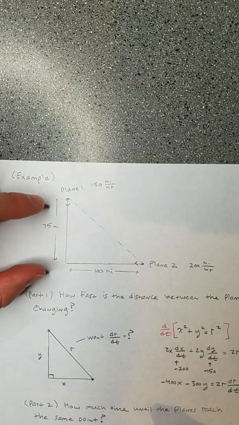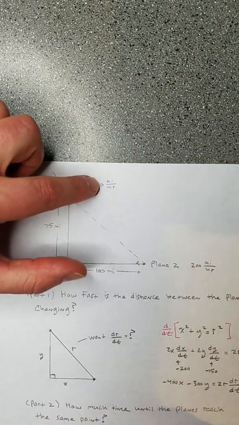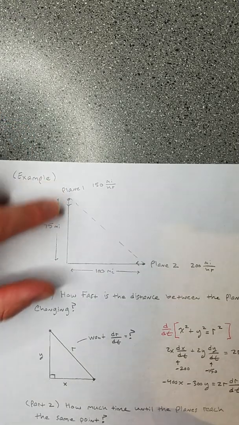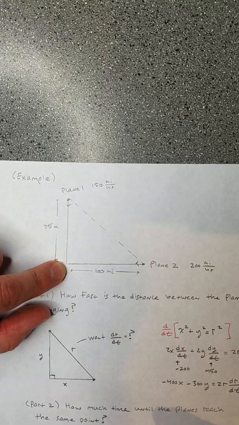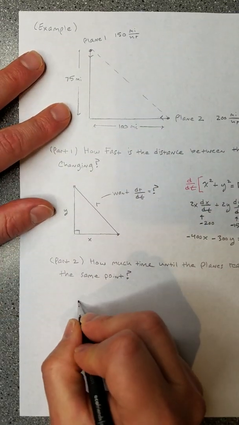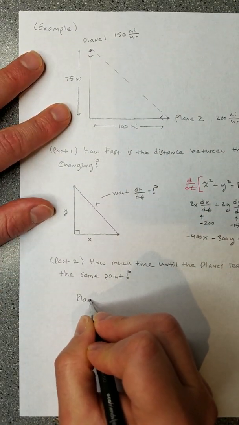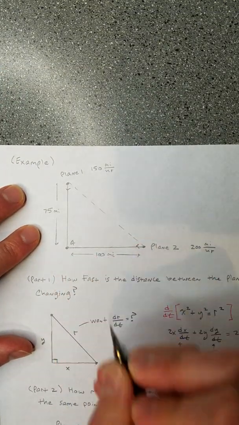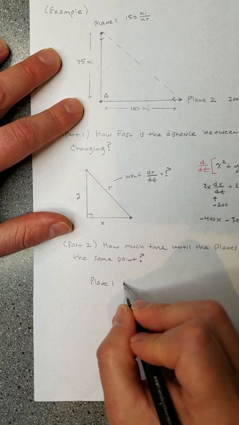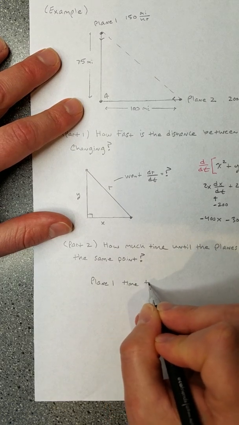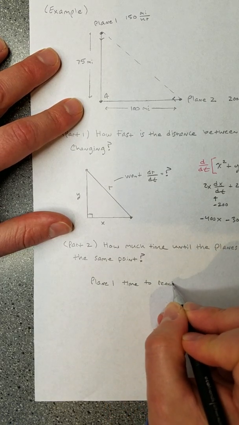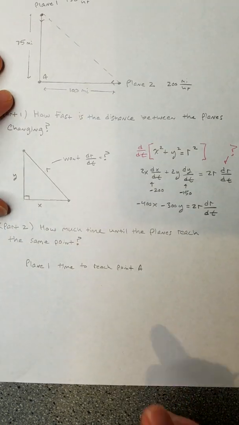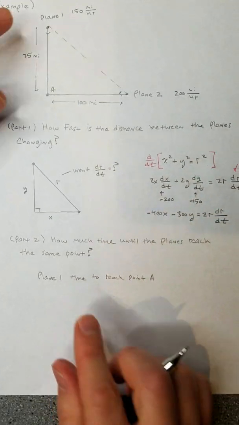So let's do this. Let's figure out if this plane flies at 150 miles per hour and it's got to go 75 miles, how long till it gets there? Okay, so I'll say for plane 1, and let's say we'll call this point A. Okay, plane 1, time to reach point A. How long is it going to take that plane right here to reach point A?